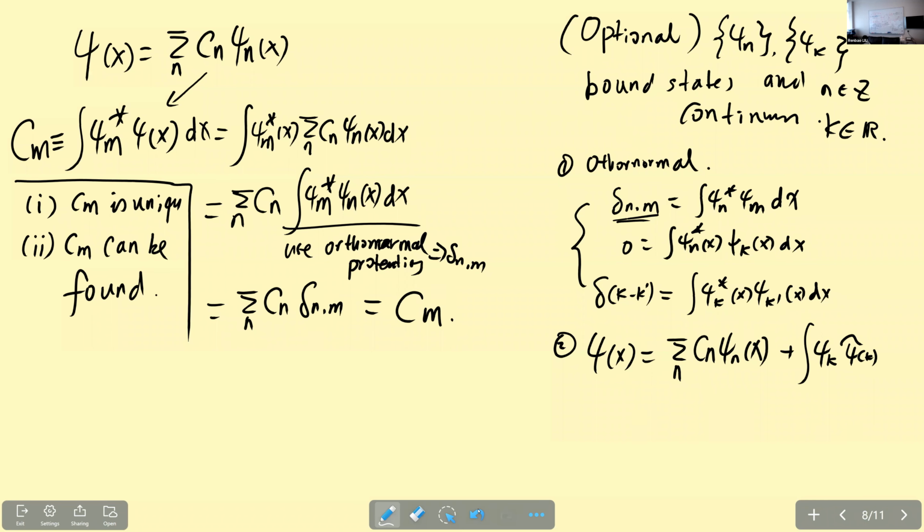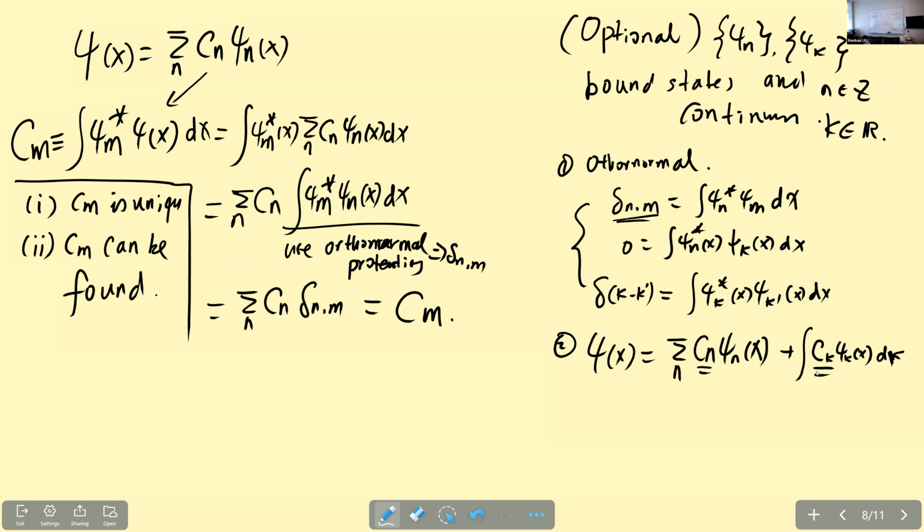Let me write down C_k, so that you use the same notation, dk.